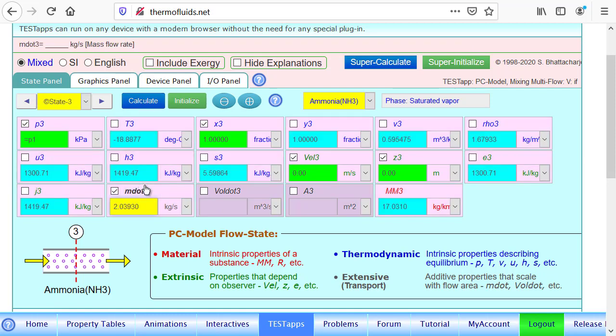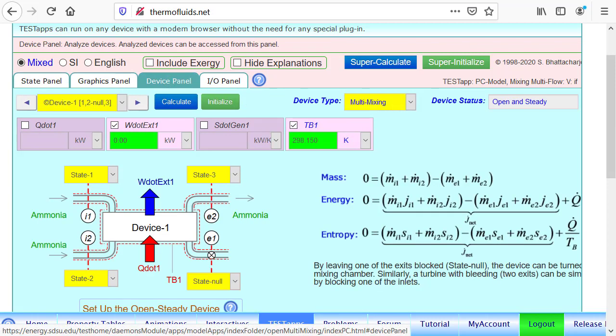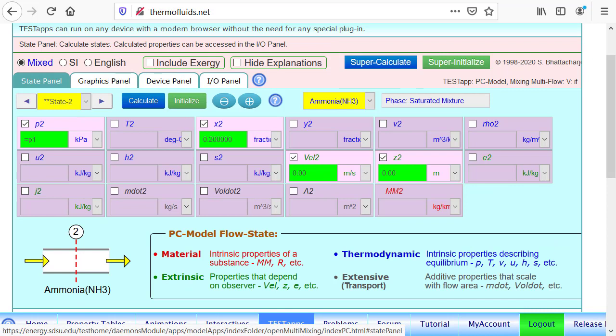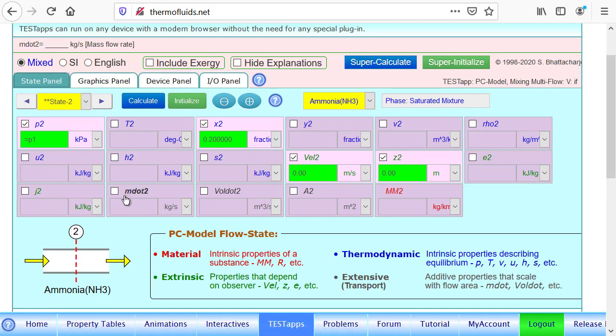We know m dot 3 equals m dot 1 plus m dot 2. That's always true. Again, it's a white background because I initialized m dot 2 here. So again, I don't know what Q dot is, with 1 and 2 going to 3. So there are 2 unknowns here, m dot 2 and Q dot.